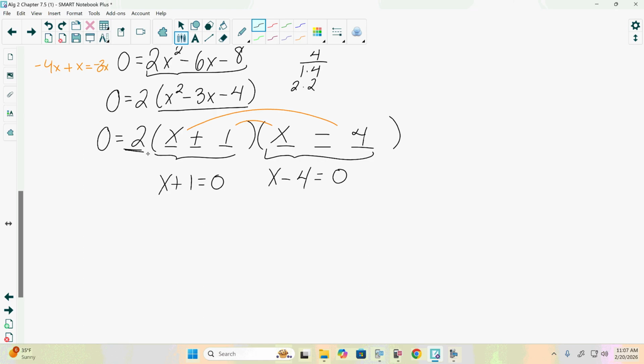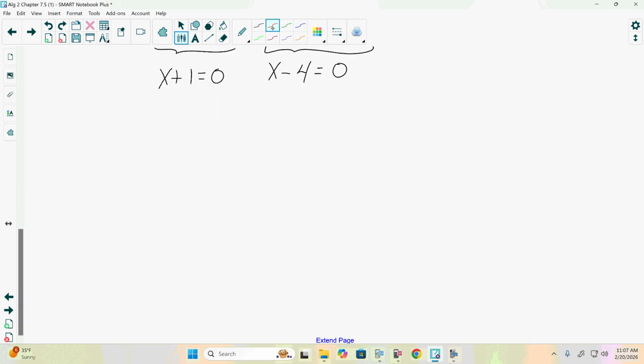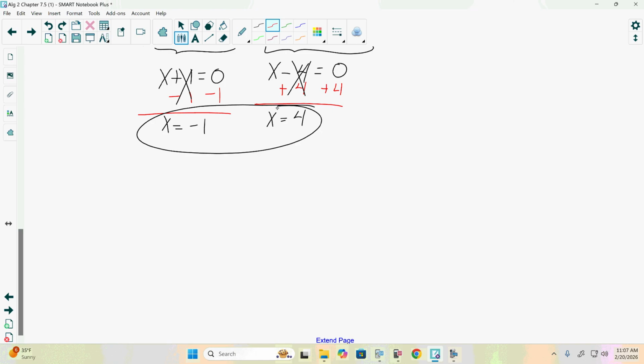So we don't need it for this part. Well, x plus 1 equals 0, we can subtract 1, telling us that x is equal to negative 1. And with our x minus 4, we would add 4, telling us x is equal to 4.